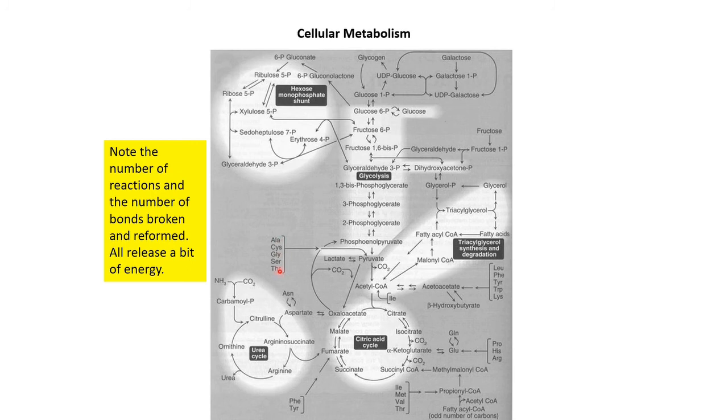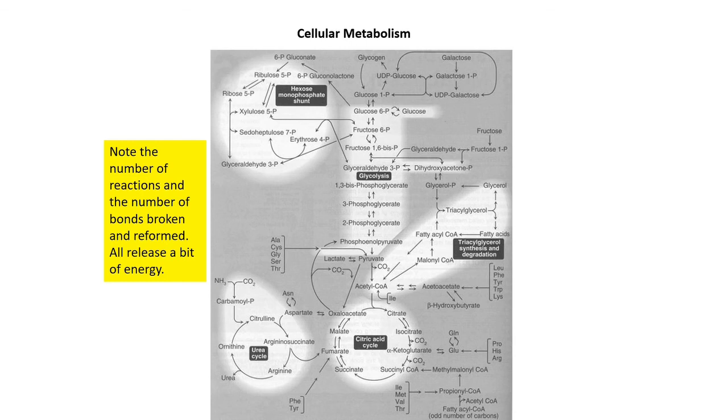Also here we've got some protein or amino acids, which are components of proteins. They come into this cycle, and we can also use protein as energy. So there are some amino acids there, and some amino acids here, all coming in to form this compound called acetyl-CoA, which then goes into the citric acid cycle. So we'll go into this in much more detail in the next few weeks.